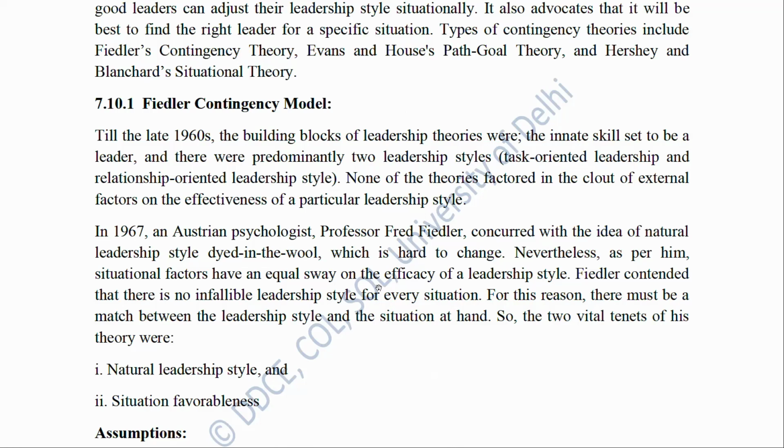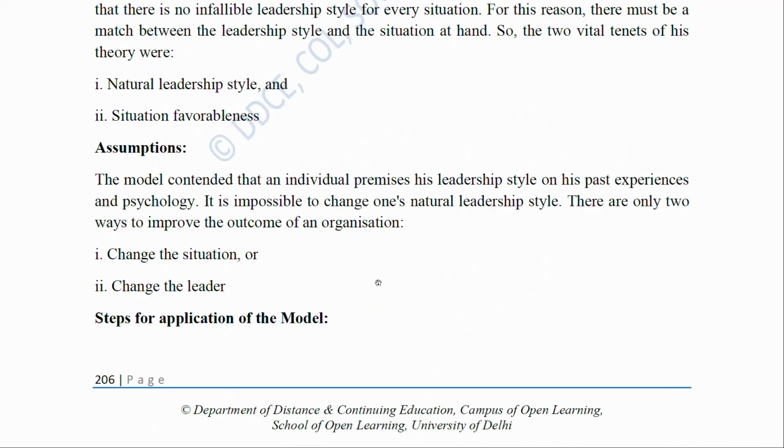Fiedler contended that there is no infallible leadership style for every situation. For this reason, there must be a match between the leadership style and the situation at hand. So the two vital tenets of his theory were, first, the natural leadership style, and second, situation favorableness.